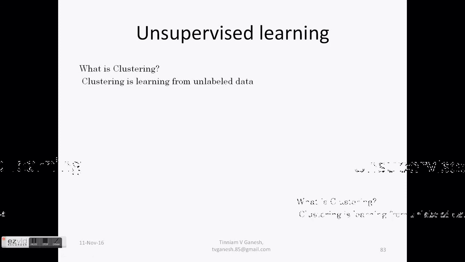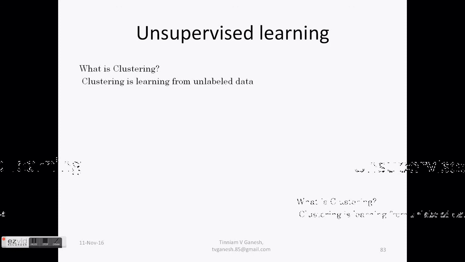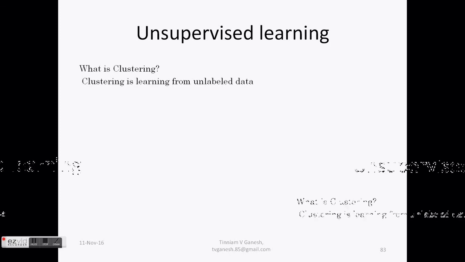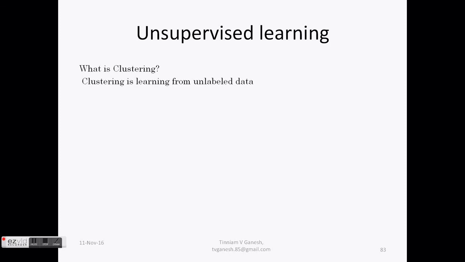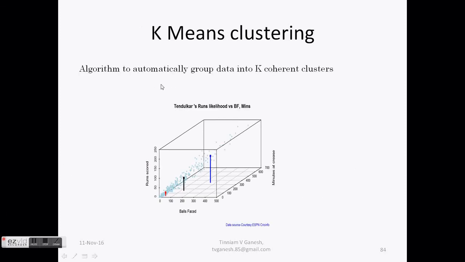So we come next to unsupervised learning. What is unsupervised learning? Unsupervised learning is basically where you just have data, you don't have a response, and you are trying to understand something about the data. Basically we use something known as clustering, which is learning from unlabeled data.